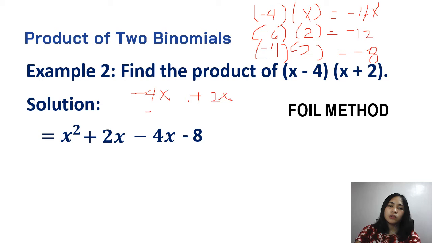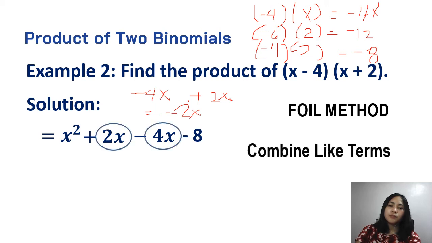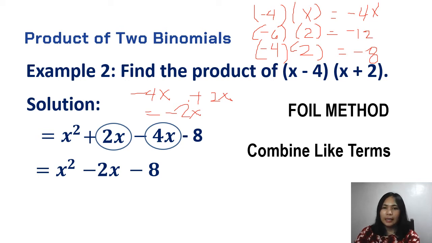The result is 2x. And anong sign atong i-copy? Negative, because 4 has greater absolute value than 2. That's why negative 2x. So, if we're going to simplify, we combine like terms. So, naging x squared minus 2x minus 8.